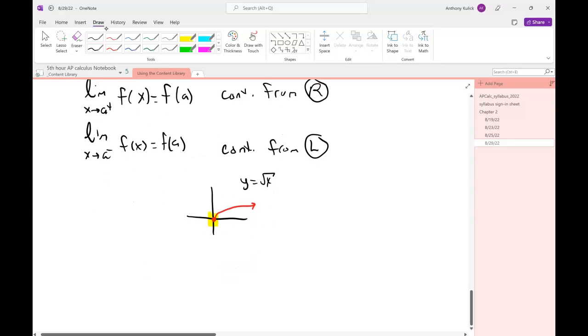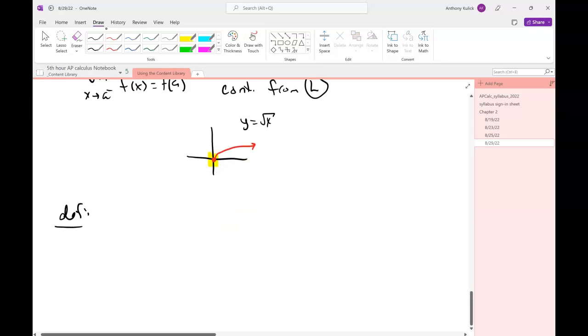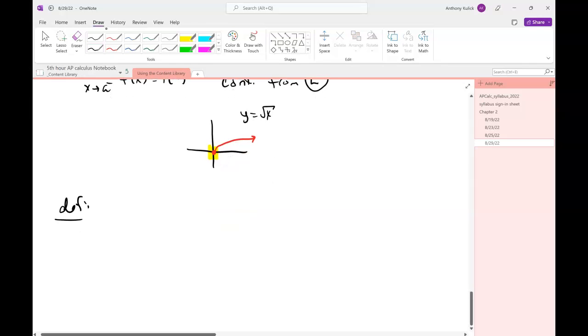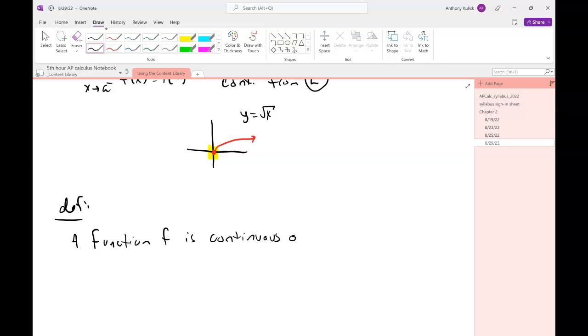All right. So, another definition. I want to talk about continuity on an interval. So we say a function f is continuous on an interval.